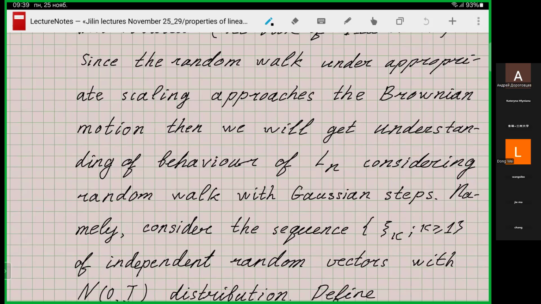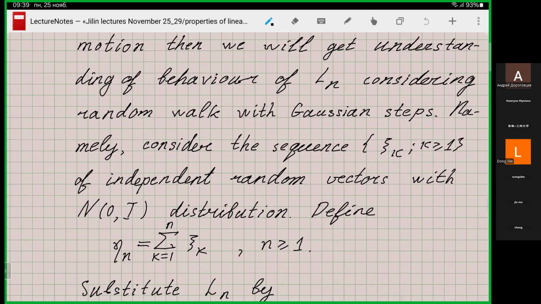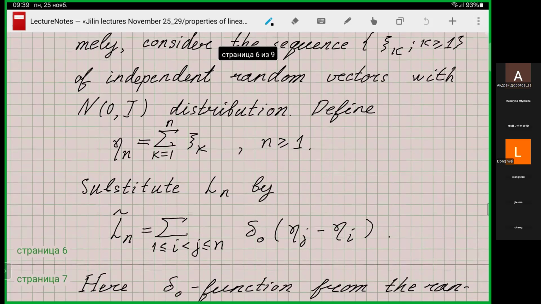Instead of the sequence epsilon_k, consider now the sequence psi_k of independent random vectors which have the standard multidimensional Gaussian distribution. So it has zero mean and unit covariance matrix. Then define eta_n as the sum from k equals 1 to n of psi_k. We just substitute epsilon_k by psi_k. Then one can consider self-intersection.